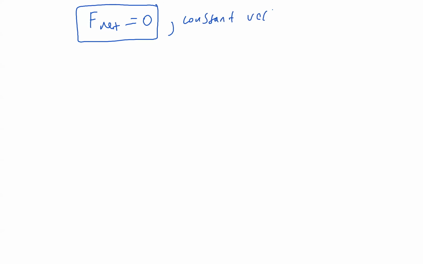For Newton's first law, Fnet is equal to 0, because forces are at equilibrium. The object will be moving at constant velocity. So acceleration is 0, which implies that Fnet is 0.